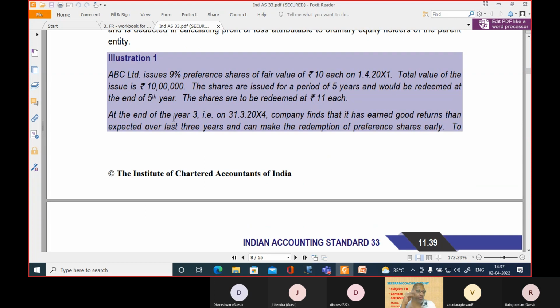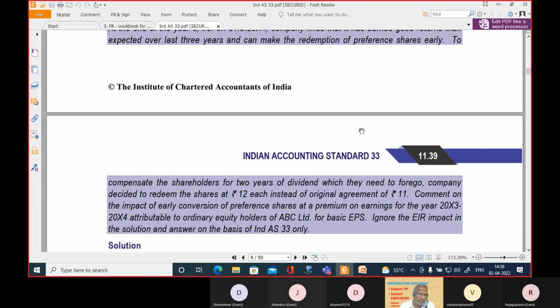See, they've issued 9% preference shares on 1/4/20x1 to be redeemed after 31/3/20x6. At the end of the third year, they had a good amount of return and they don't want to wait for 2 more years. They want to make a redemption by the third year itself. So it is a callable preference share, it seems.